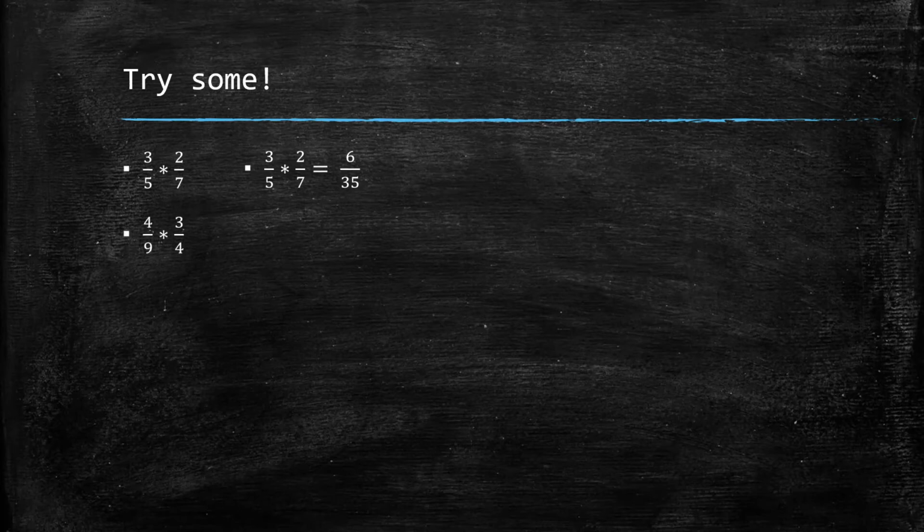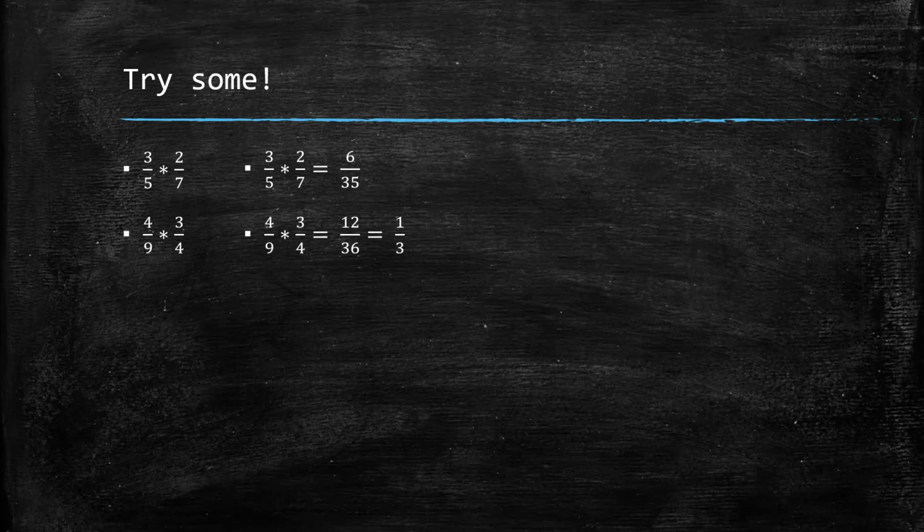Let's try another one. Let's look at multiplying 4/9 times 9/4. Okay, if we multiply 4 times 3, we get 12, and then we multiply 9 times 4, we get 36. So we have 12/36, but this is definitely not in simplest form. So we don't have to take the greatest common factor out of both of them.